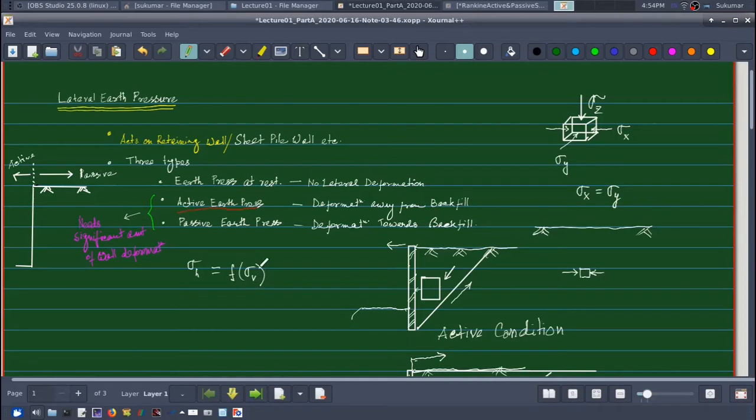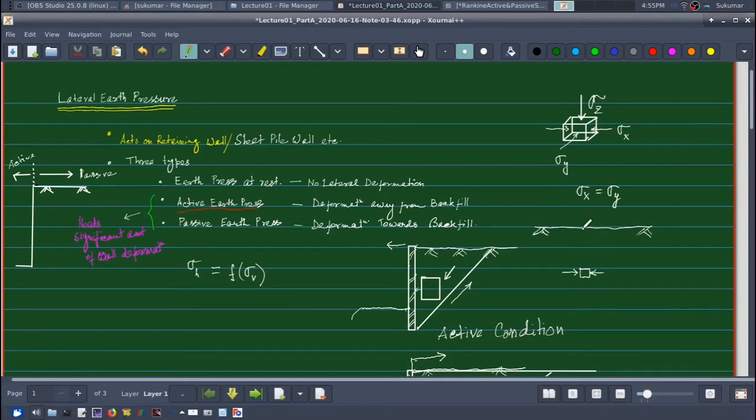Why I do that? Because I know that it is relatively easier to calculate the sigma v or sigma z, because if I know the depth of the backfill, if I know the gamma, then at any depth I can easily calculate what is the sigma z.